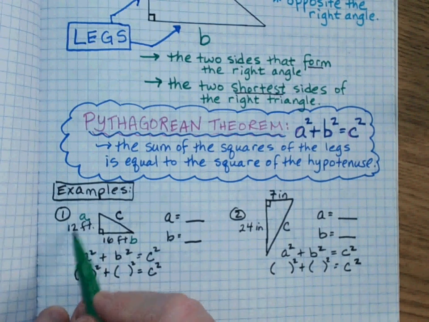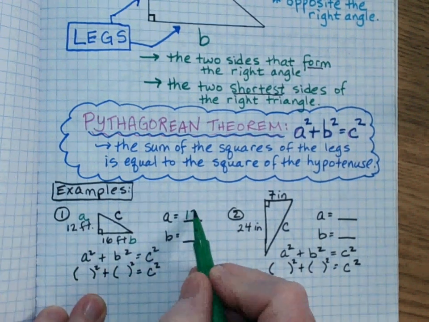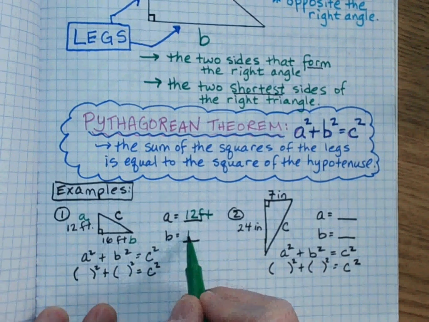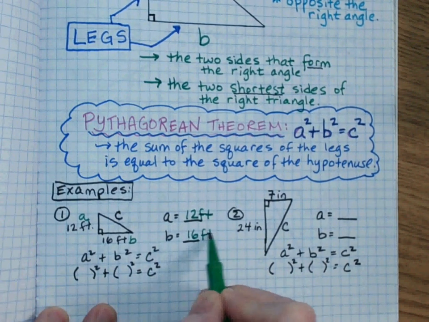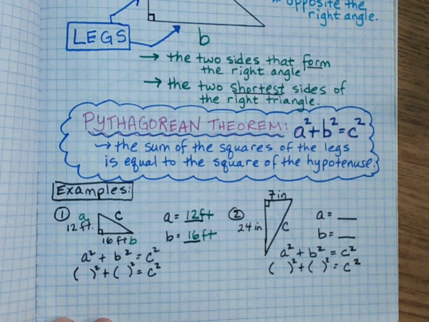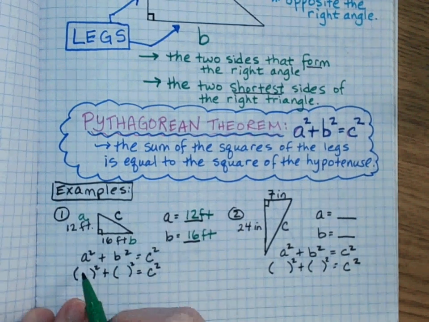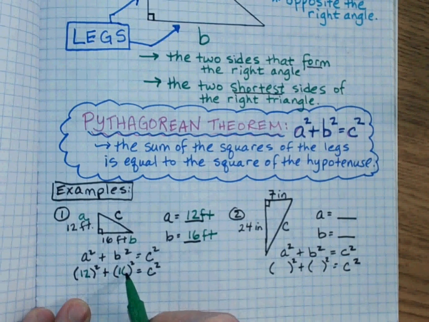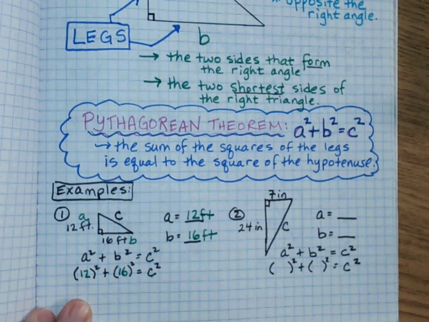But I am going to say that in this example, A is 12 feet and B is 16 feet. And so when I use my Pythagorean theorem, I know my A is 12, my B is 16, and my C is unknown. I'm trying to find that out.